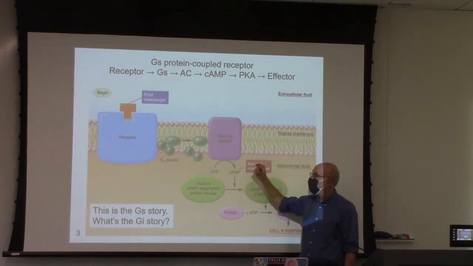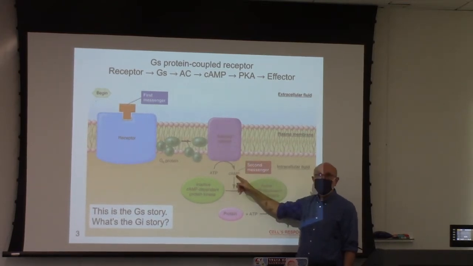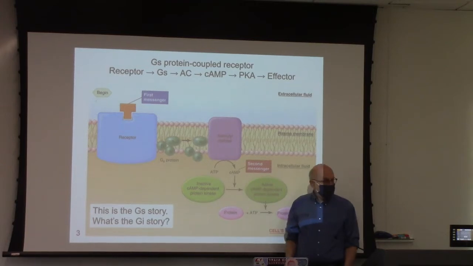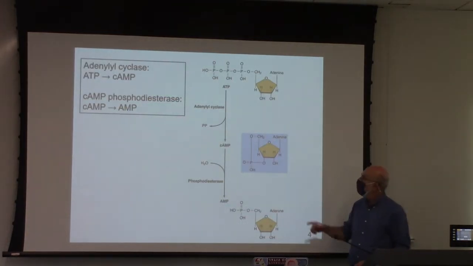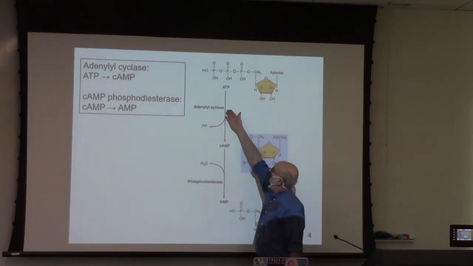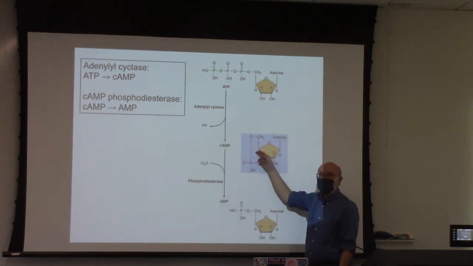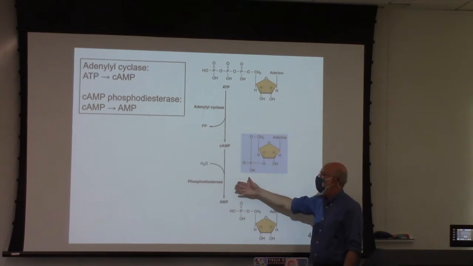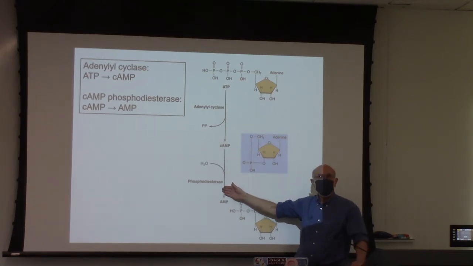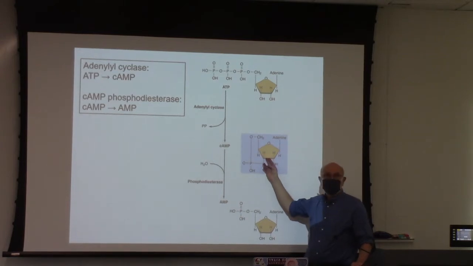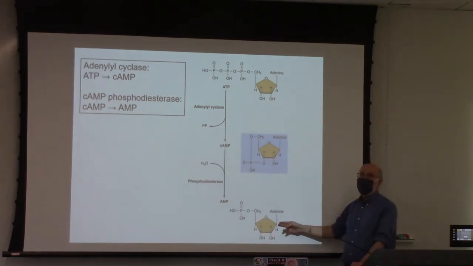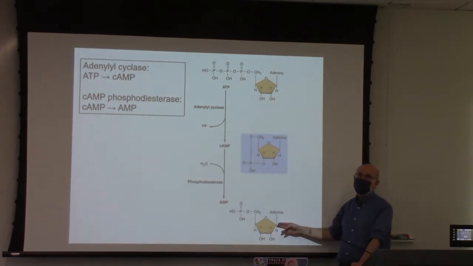Adenylyl cyclase turns ATP into cyclic AMP. There is an intrinsic turning off there. Adenylyl cyclase converts ATP into cyclic AMP, but there are constitutively active enzymes in the cell that hydrolyze cyclic AMP to AMP, which is not active.